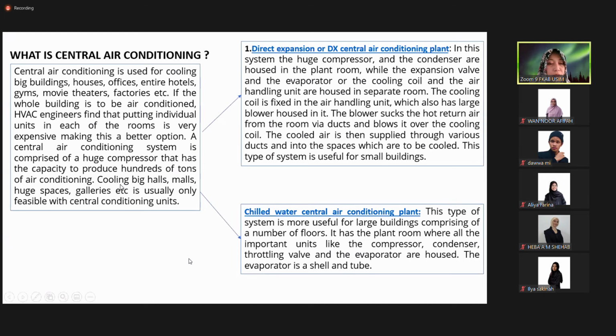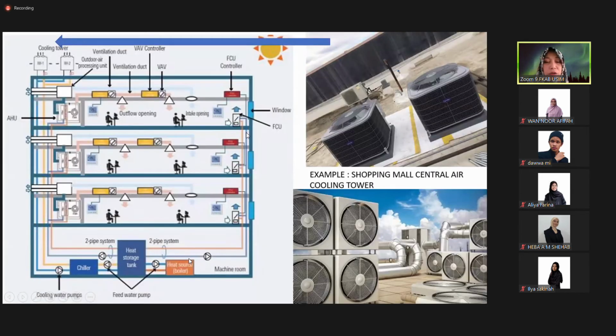And also see this one, what do we need if we decide to use central air conditioning? We need to have air conditioning plant and also chilled water central air conditioning plant if we are using central air conditioning. This one you have to read, okay? So normally in our tamhidi, remember that when we want to use air condition, this is a control by main controller.